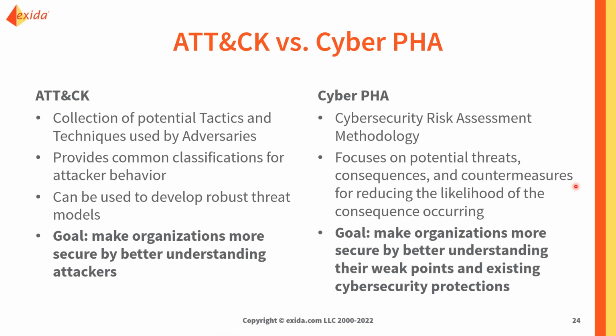And really then we use that to make a determination on likelihood and consequence to really have an effective risk ranking. And the goal overall for the attack framework is to make organizations more secure by better understanding attackers and their techniques. The goal for Cyber PHA is to make organizations more secure by better understanding their weak points where they can be compromised, and also to understand where their existing cybersecurity protections are and where they need to focus on future cyber protections.